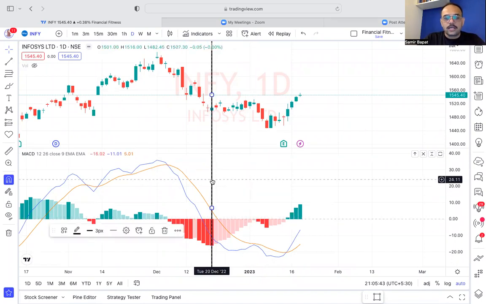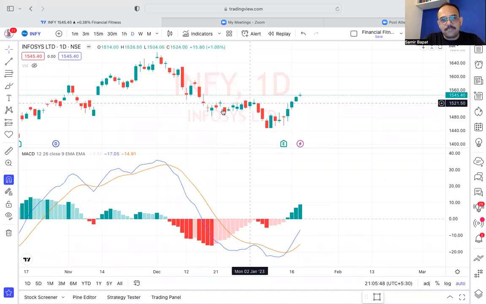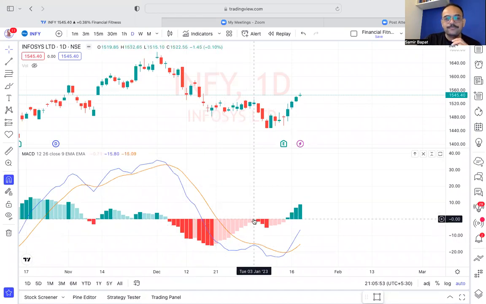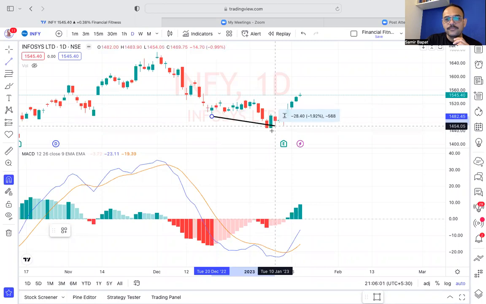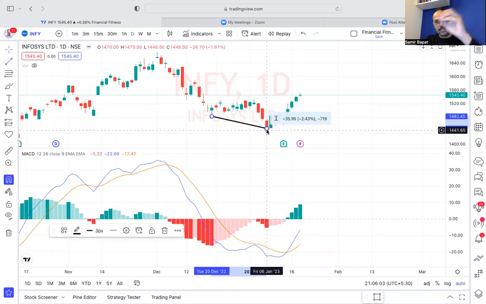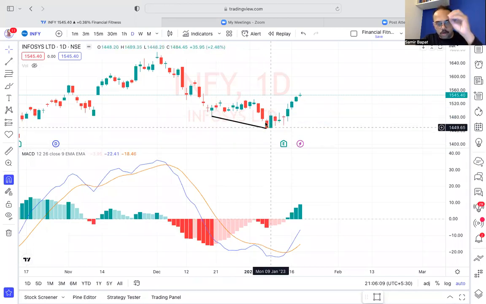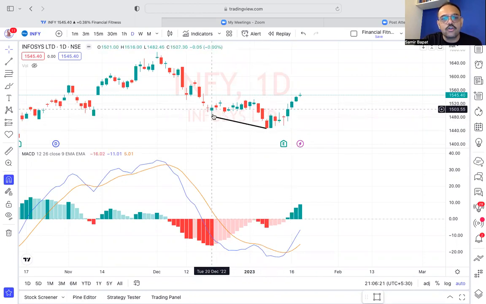Now, the histogram went down and went up, or almost sideways. If I join this bottom and this bottom here with a line, can we say that this V shape, you have to give me some leeway, this bottom here is lower than the bottom here?